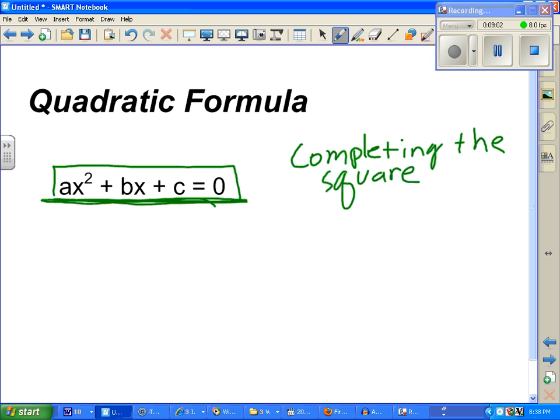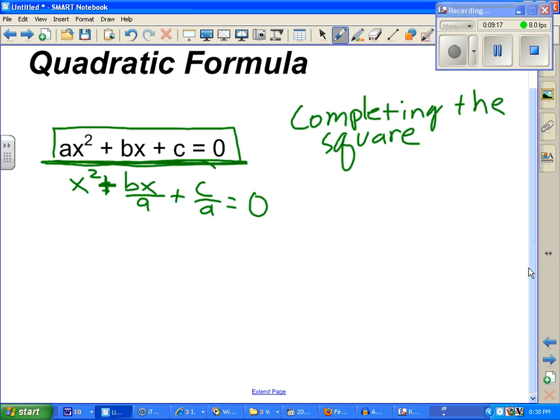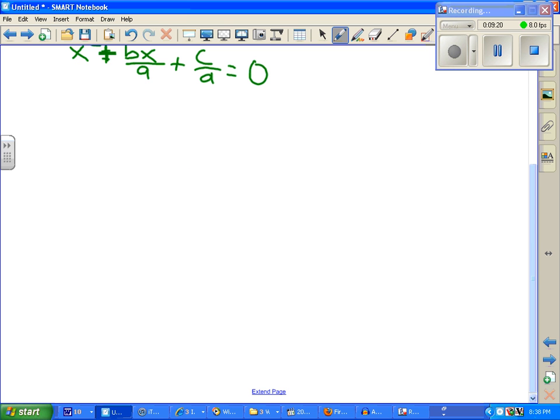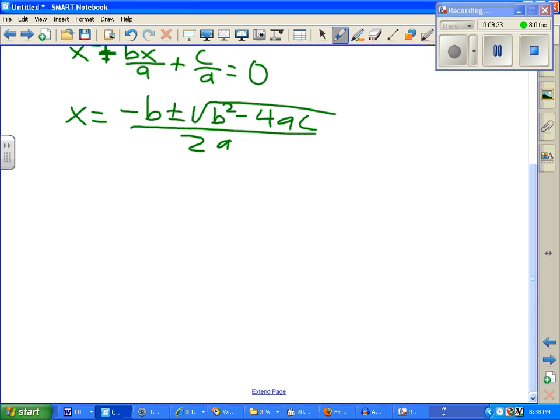If I divide everything by a, I get x squared plus bx over a plus c over a equals 0, and then I cut the middle term in half and square it, and I go through all the algebra, and we'll go through all the algebra probably in class, I end up with the quadratic formula. x equals -b plus or minus the square root of b squared minus 4ac all over 2a.